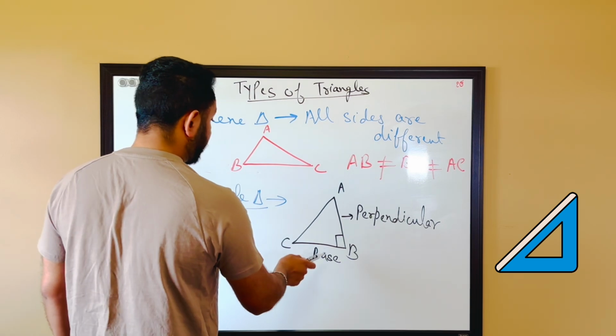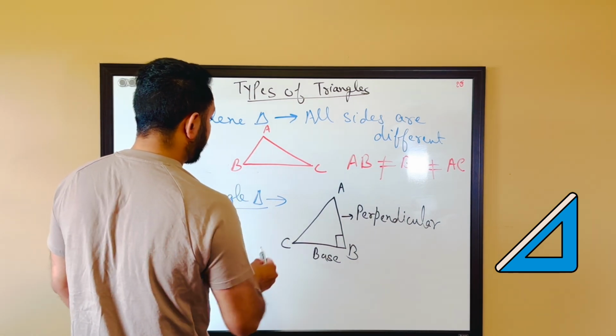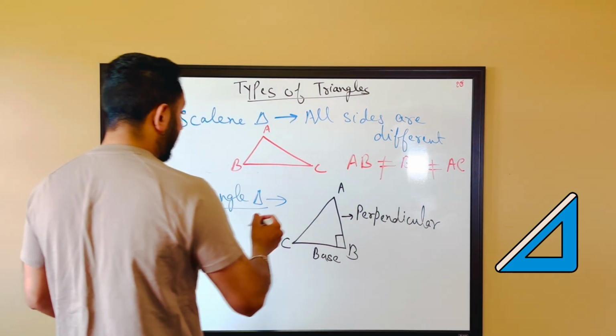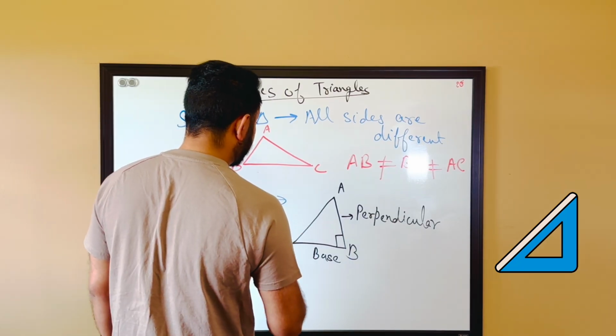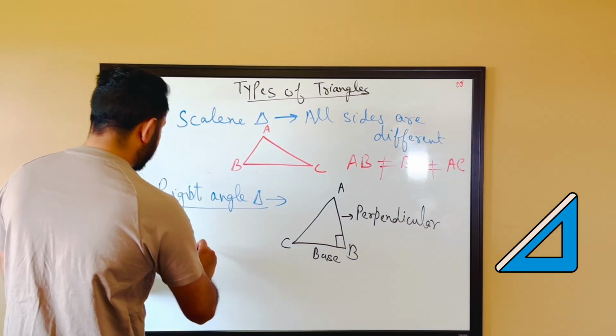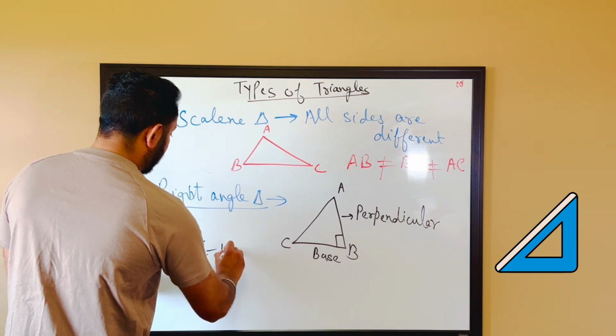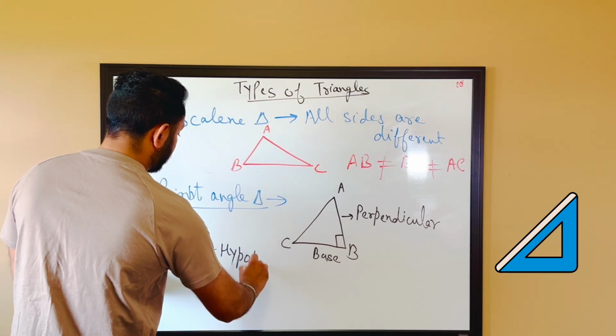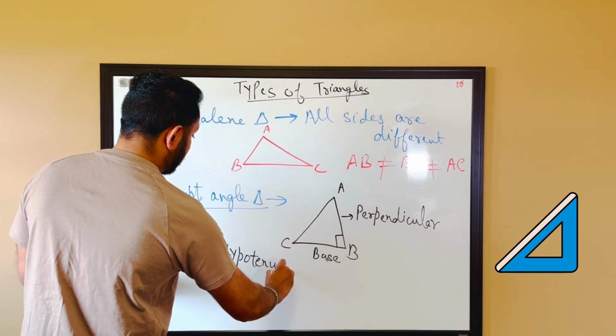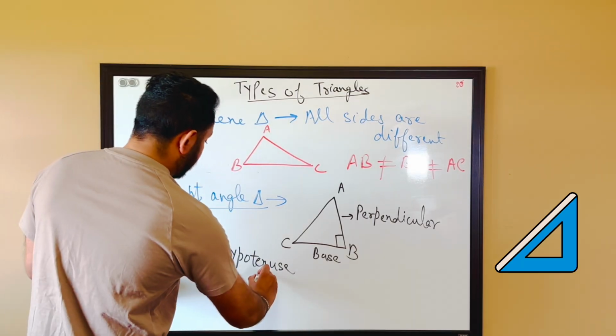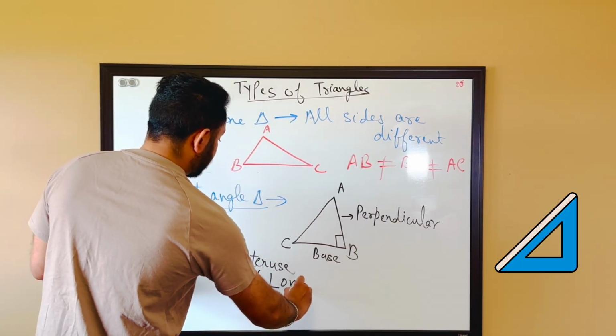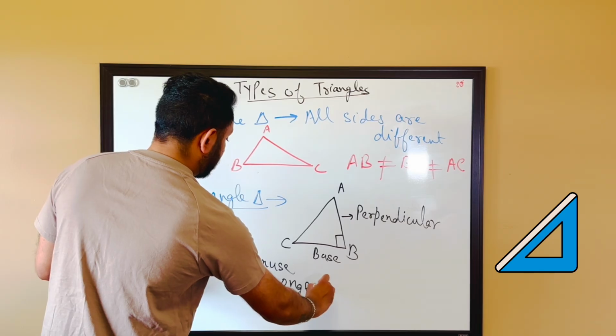The side opposite to the right angle is the hypotenuse, and the hypotenuse is also the longest side. So AC is the hypotenuse, which is also the longest side.